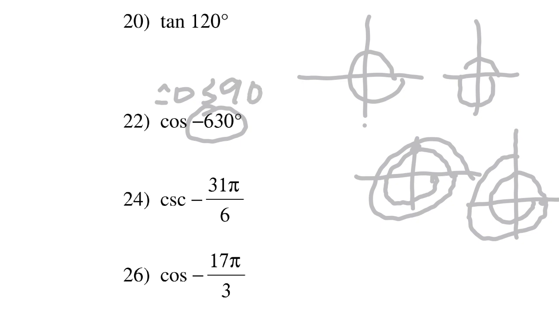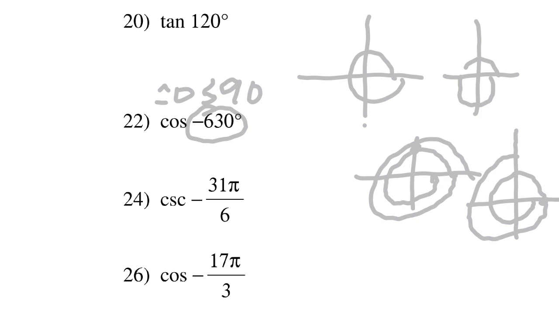Now, what does that mean? Well, you could have done this another way. Coterminal angles, okay? If I'm starting at negative 630, okay? So if I'm at negative 630, how do I find a coterminal angle? Well, if you remember from class, or remember how we did this, you just add 360.